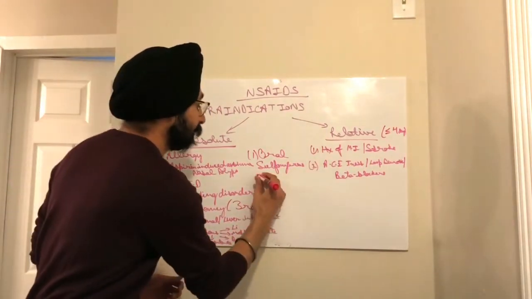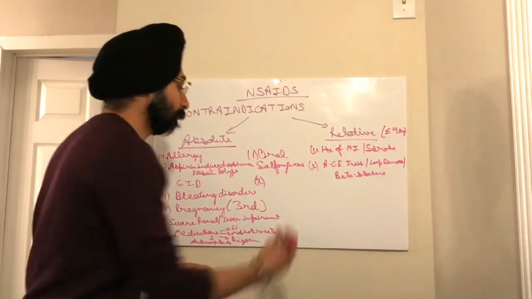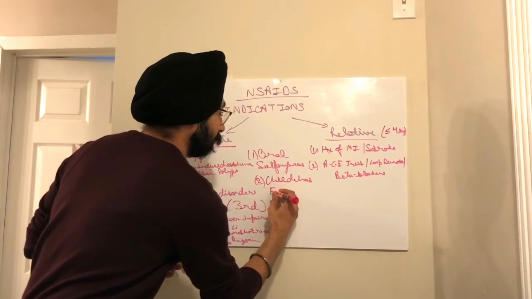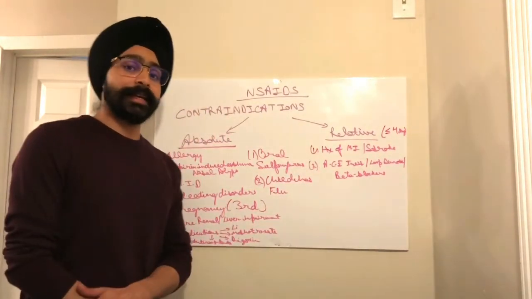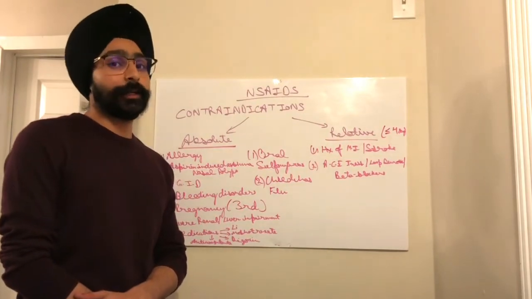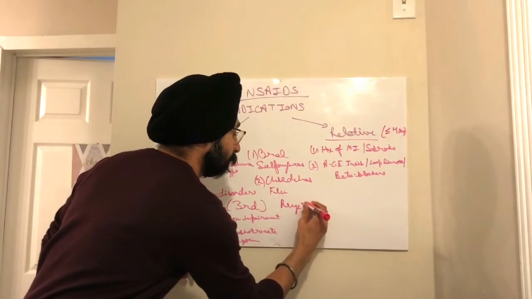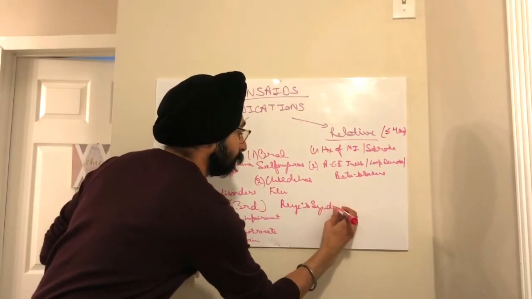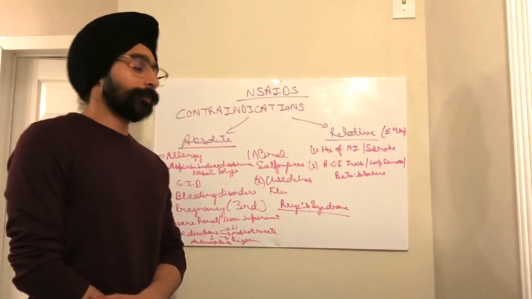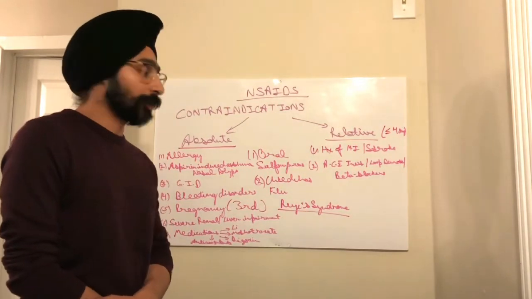And second is if a child has influenza or flu-like symptoms, in that case, that child should not be prescribed aspirin because that can lead to Reye syndrome, which is a fatal syndrome, and that can lead to severe damage of the brain of that particular child.